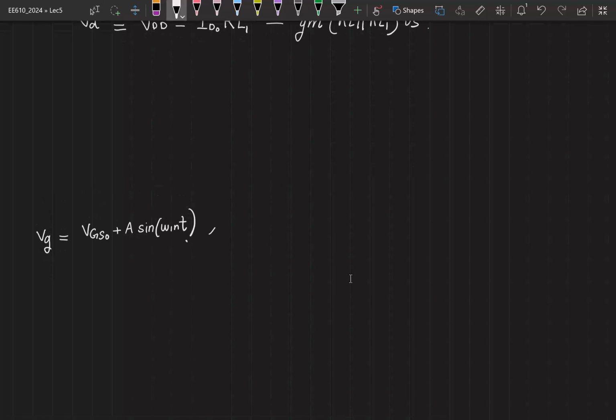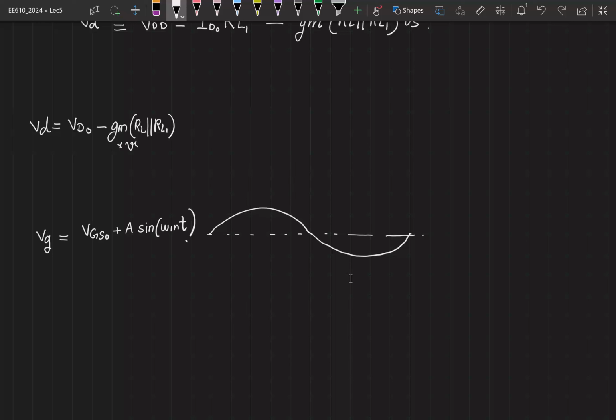So you have a sine wave that looks like this around some VGS0. And your total drain voltage VD, I'll simply write it as some VD0 minus gm times RL parallel RL1 into VS.